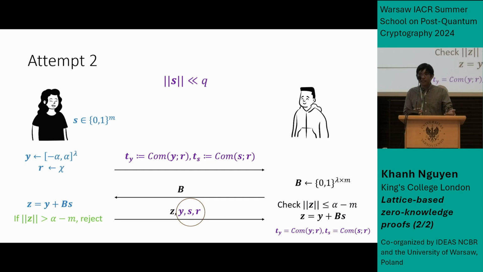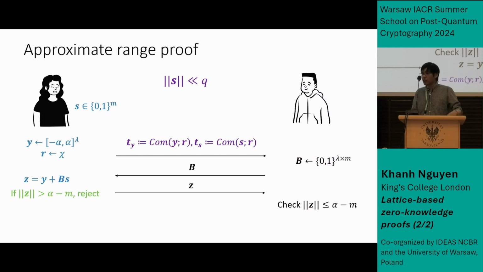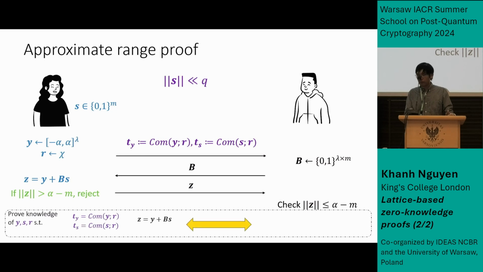So now, instead of sending all this sensitive information, we will prove knowledge of y, s, and R, which satisfy all the verification equations. That's a standard strategy: instead of sending the witness, we prove knowledge of it. So I commit to y and s.